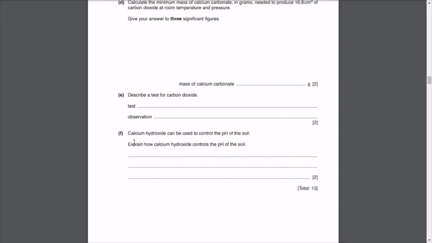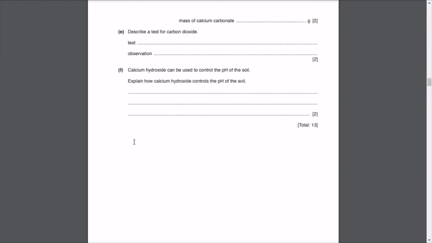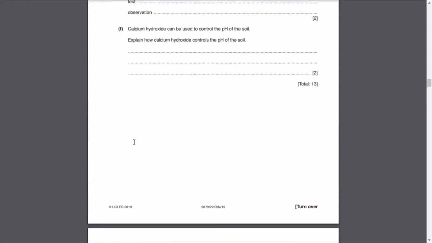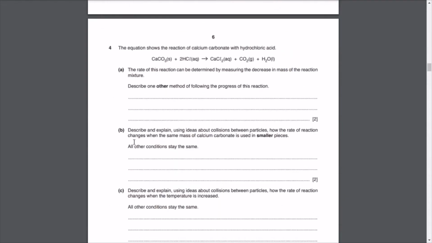In this way, it will manage the pH of the soil. It's just 2 marks. Total 13 marks. It's an easy question once again. However, all of these are filled with facts that you have to learn and understand. Basically, it's filled with basic general concepts that we're supposed to apply over here.